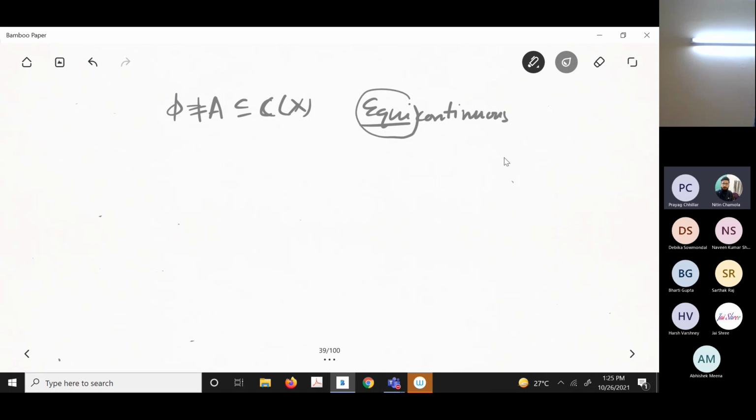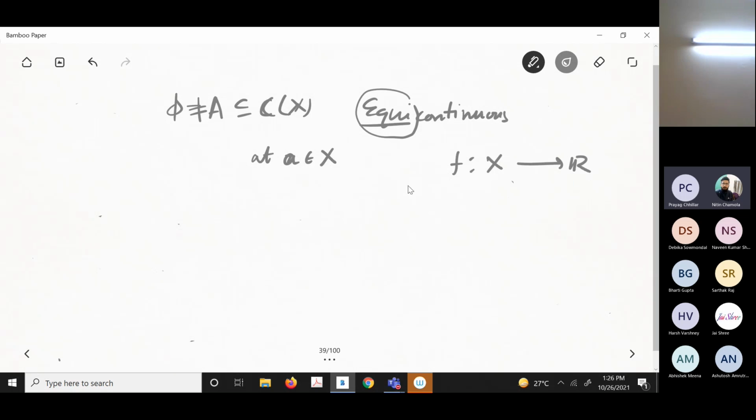Now look, since equicontinuous, first you define continuous at a point, similarly equicontinuous at a point. So at a point, A belongs to X. Look, it's a real valued function. Remember that real valued function, that's the criteria I have already used. Simple criteria.